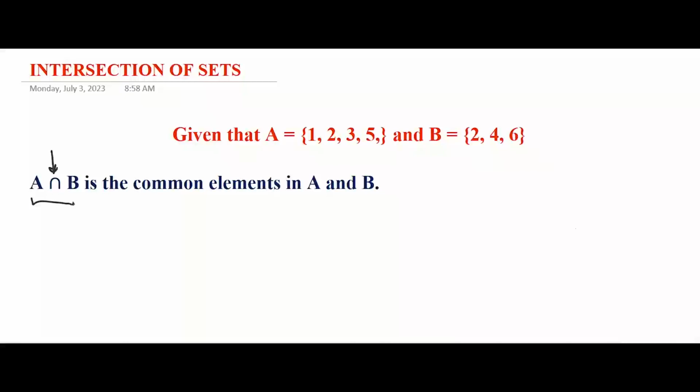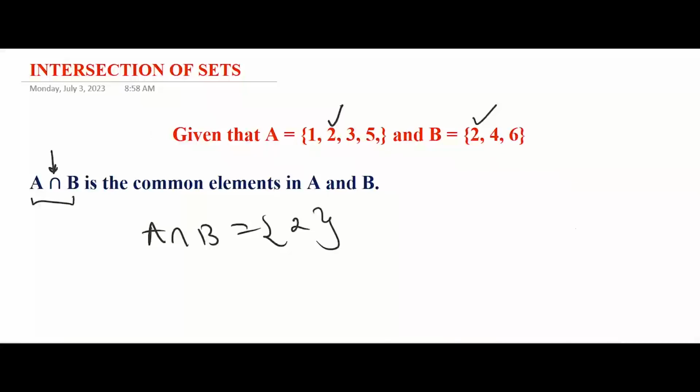This is read as A intersection B. It means the common elements in A and B. To get A intersection B, it will be the common element. So 2 is here, 2 is here, so I'll write 2 here, and there is no other common element. That means the intersection of sets A and B is 2.